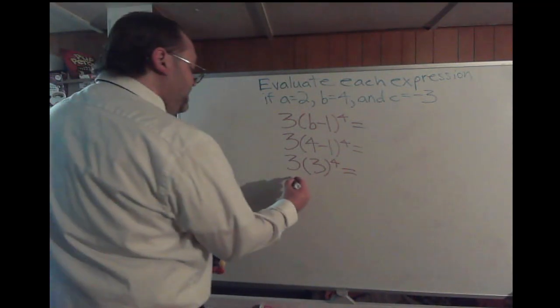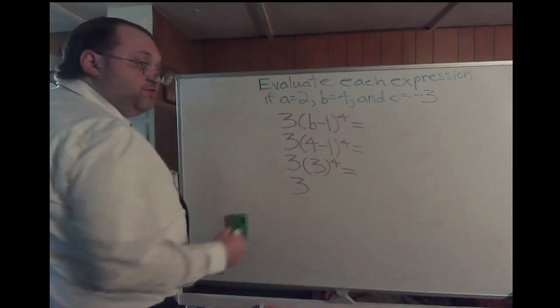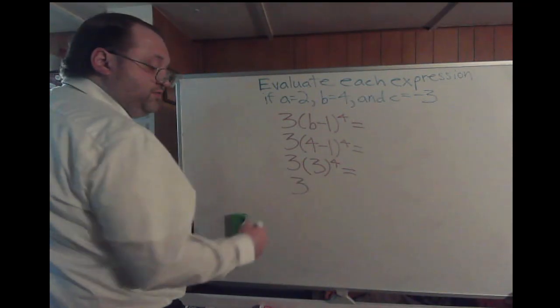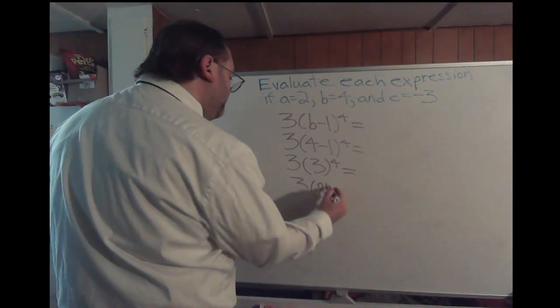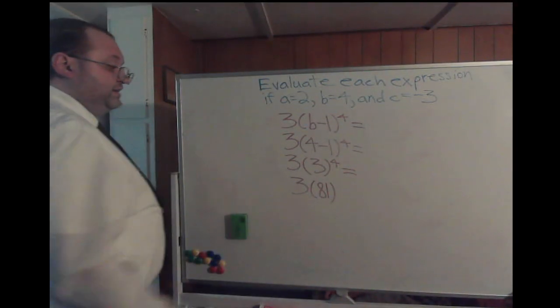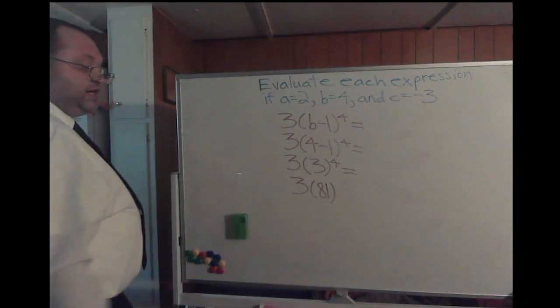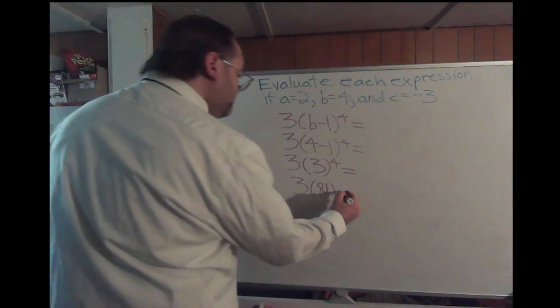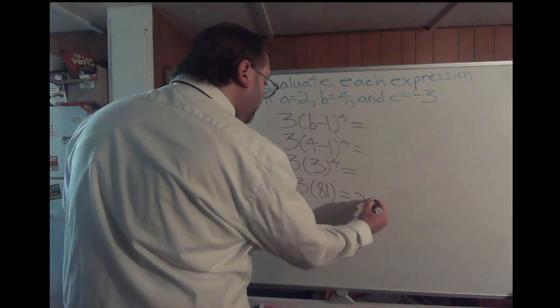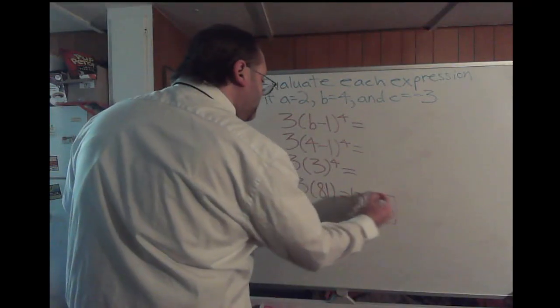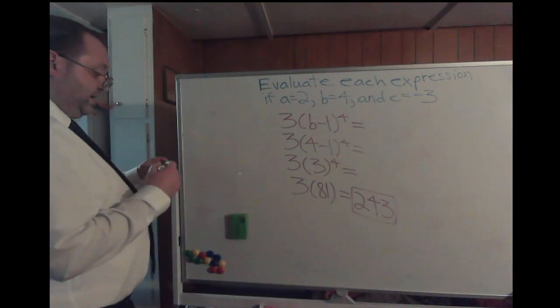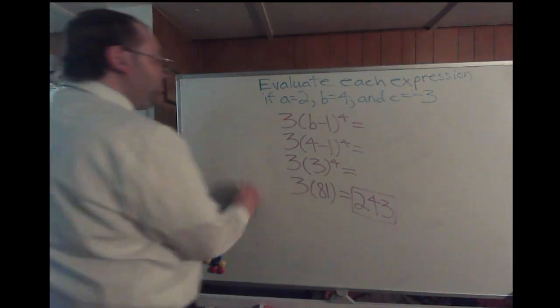So we're going to deal with 3 to the 4th power. That's 81. And so finally you're left with a simple multiplication problem of 3 times 81, which would be 243. So the answer to this is going to be 243.